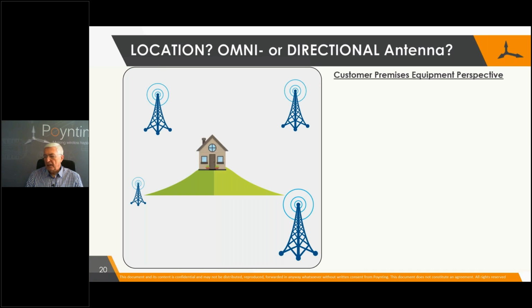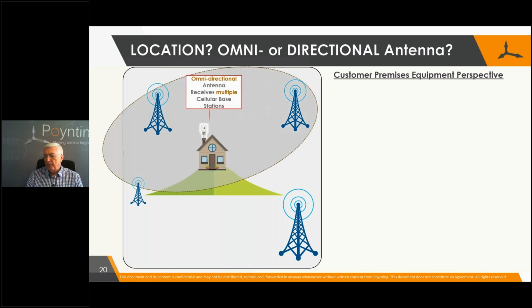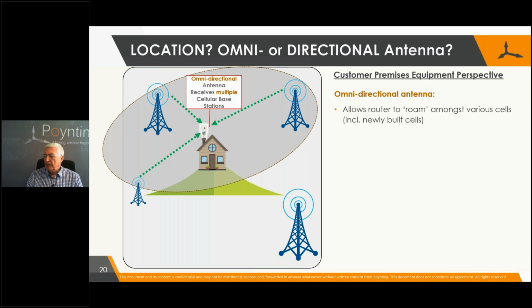Like I've shown you earlier, an omnidirectional antenna is an antenna that has the ability to receive signals from a variety of towers. An omnidirectional antenna allows the router to roam amongst various cells, so it has the ability to receive multiple signals. And these days, with what are known as decorrelated carriers, we have the ability to receive a data packet, so to speak, from multiple towers at the same time.